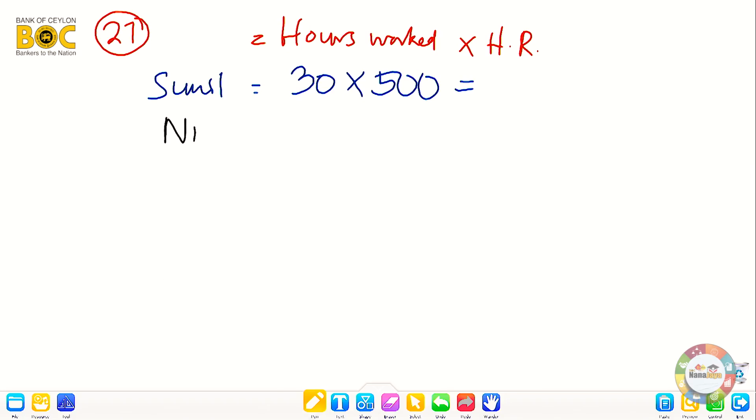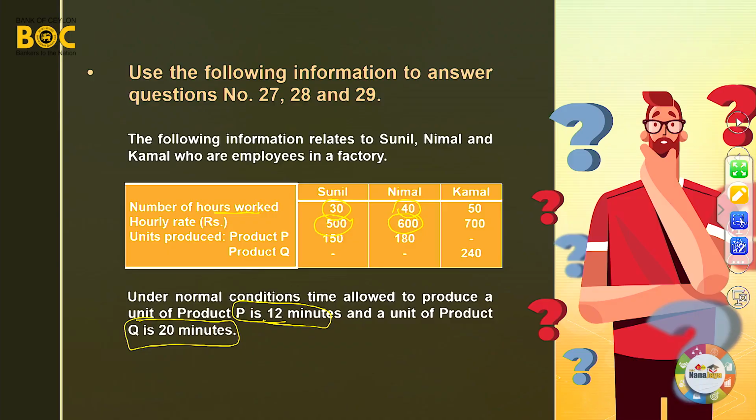Mr. Nimal has worked 40 hours, each hour at 600 rupees. Then the third employee is Mr. Kamal.